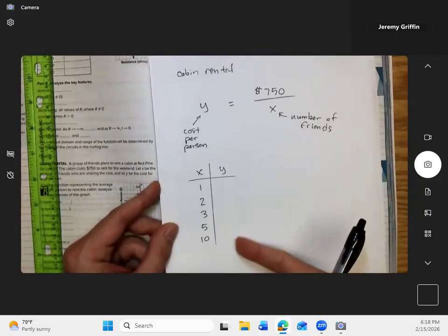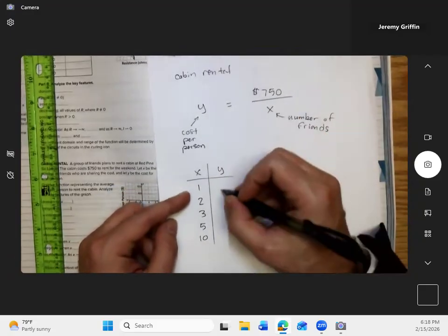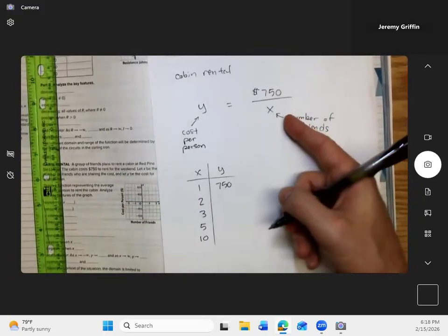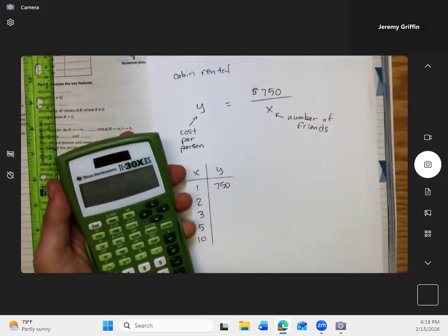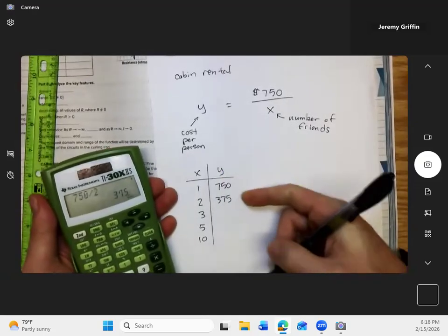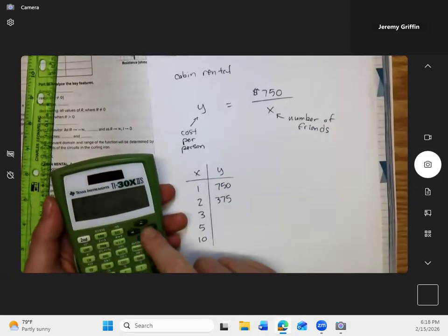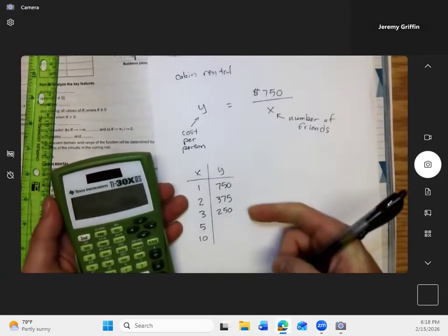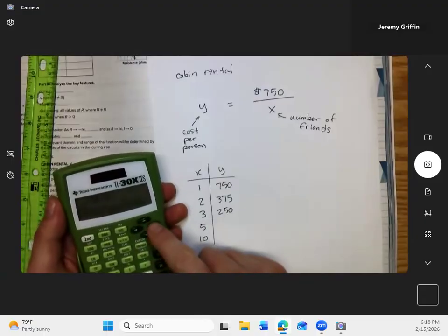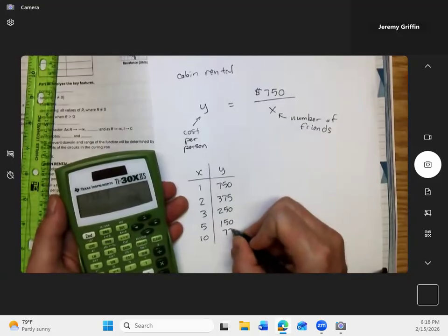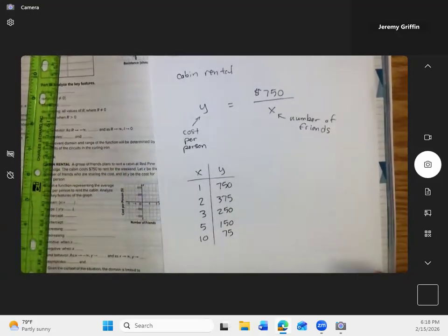If one guy shows up, he has to pay the whole $750 himself. With 2 friends, it's 750 over 2, so they each pitch in $375 and they've got the cabin. With 3 friends, that's $250 each. Five friends is $150 each, and 10 friends would be $75 each.